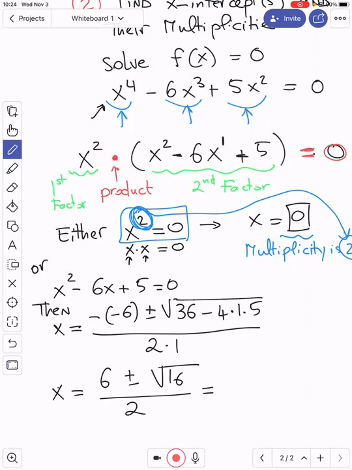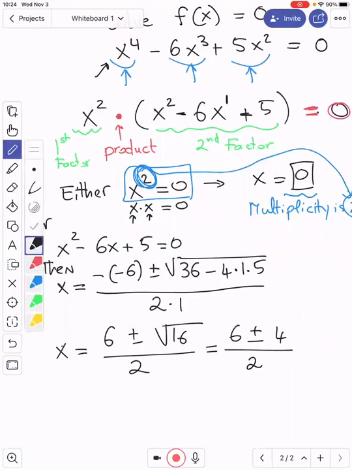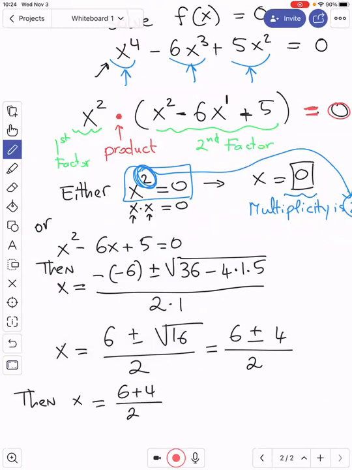Actually, if I had a 9, it wouldn't be bad. Anyway, it's fine. So 6 plus or minus the square root of 16. The square root of 16, of course, is 4, since 4 times 4 is 16, over 2. So then x is 6 plus 4 over 2.